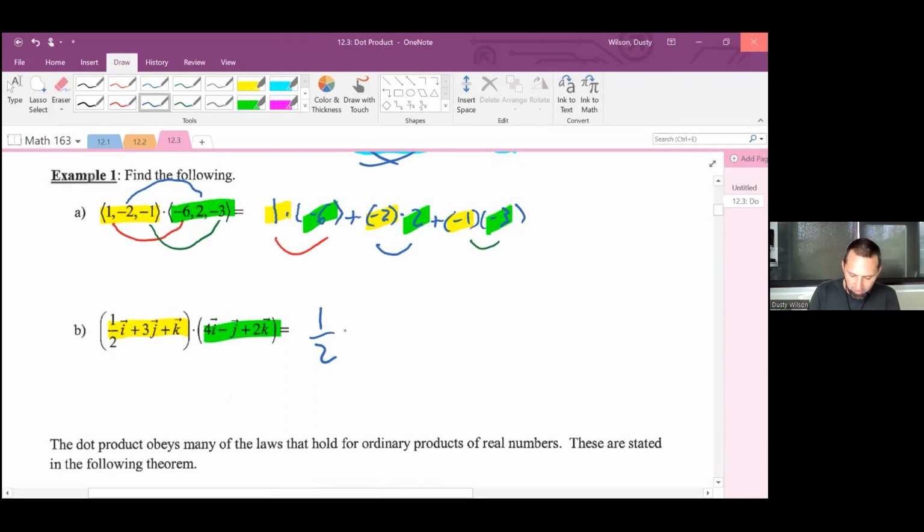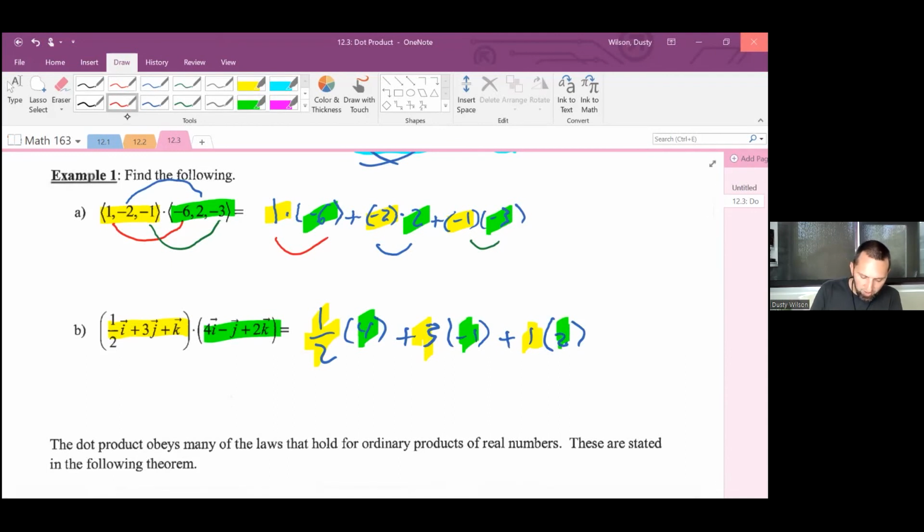So half times 4 plus 3 times -1 plus 1 times 2. So this is the yellows dotted with the greens.